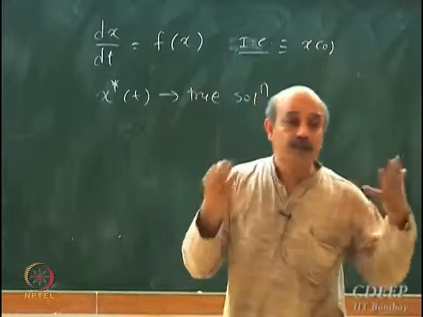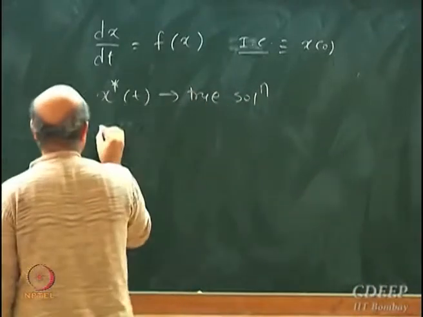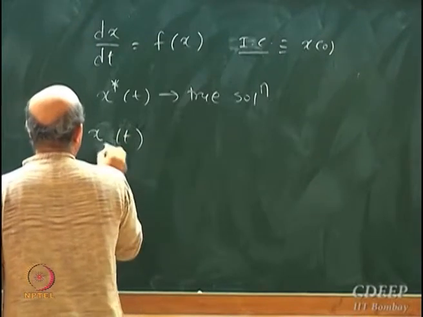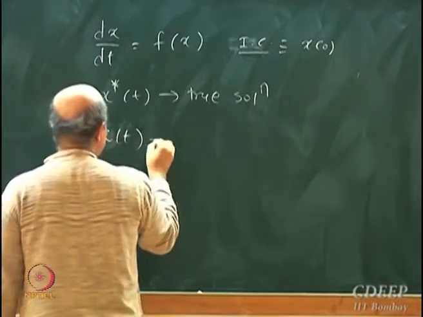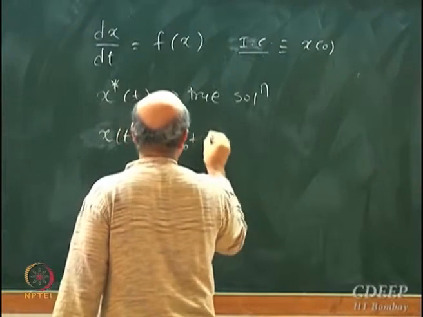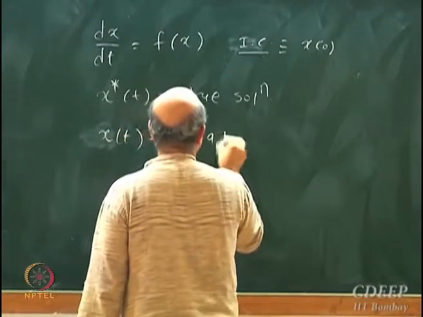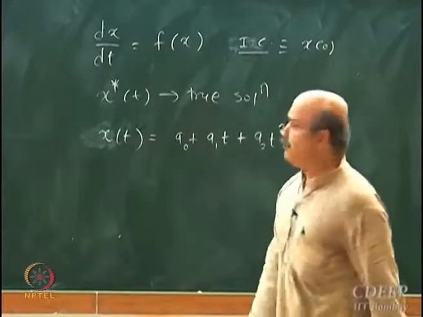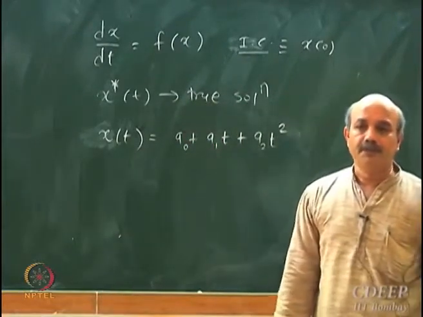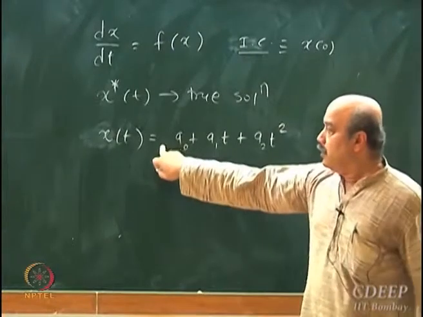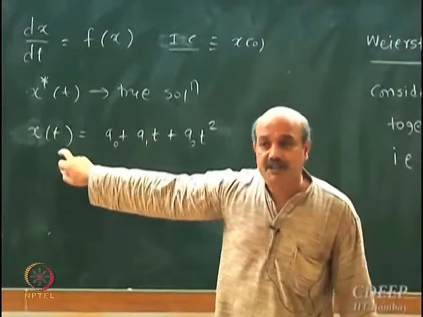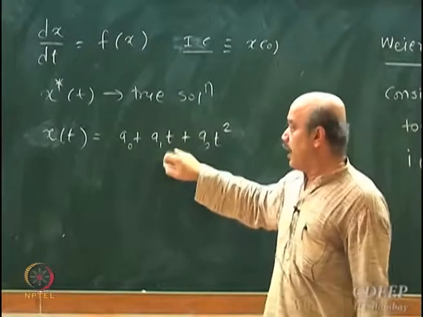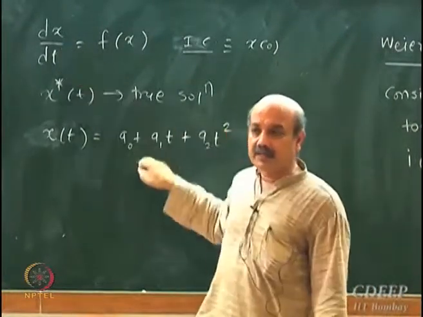I propose a polynomial solution, which is, say, P_n(t), or I will call it x(t), which is a0 plus a1 t plus a2 t square. Let me propose a polynomial solution. Now, this is a polynomial approximation. This is not a true solution, but I can substitute it here.